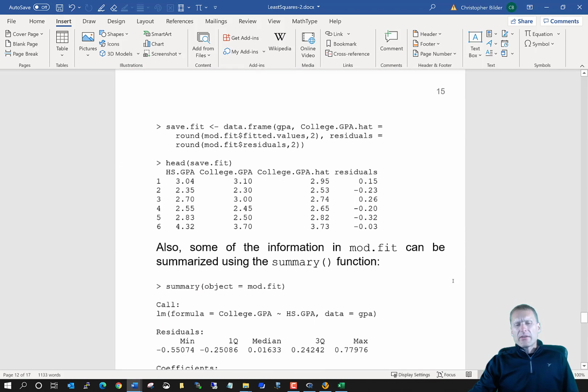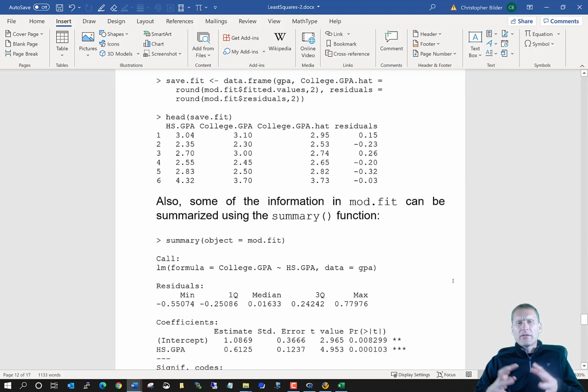So what we can do is put all the information that I pointed out into a new data frame so we can see it nicely. With data.frame, I put in my GPA data set, and then I'm also going to put in all my y hats, my college GPA hats. The way I'm going to do that is extract the fitted.values from mod.fit and round them to 2 decimal places.